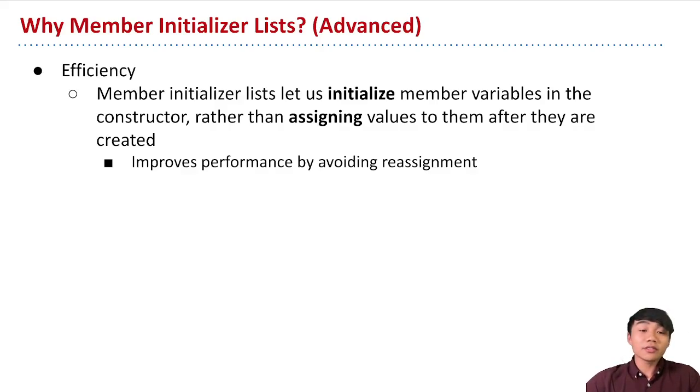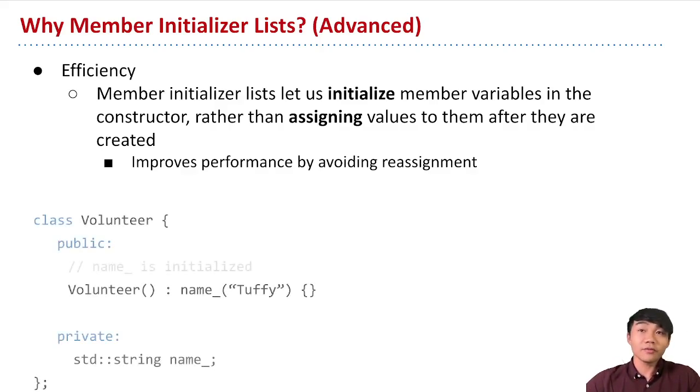Member initializer lists, like on the left here, are going to initialize our member variables. What that means is that we're setting the value of these member variables for the very first time, which means that we're not reassigning them. So the first value that the name underscore variable will hold here is the string Tuffy.